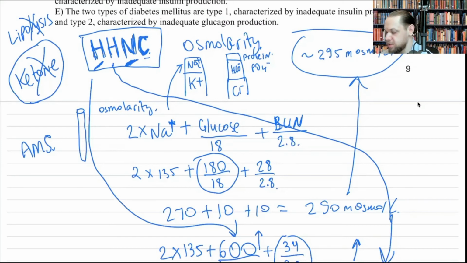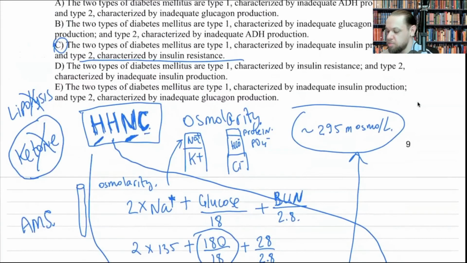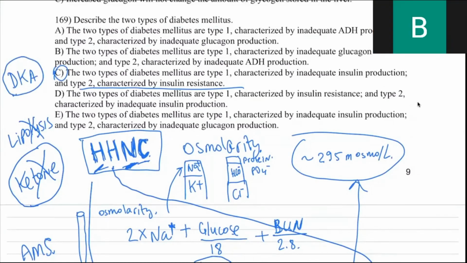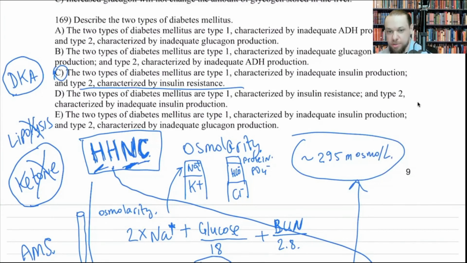And so this is the main reason why type 2 diabetics go into this HHNC. Patients with type 1 go into DKA, diabetic ketoacidosis. I'm guessing the osmolarity has some sort of effect on neurons. Correct.